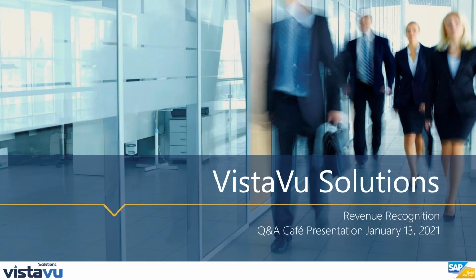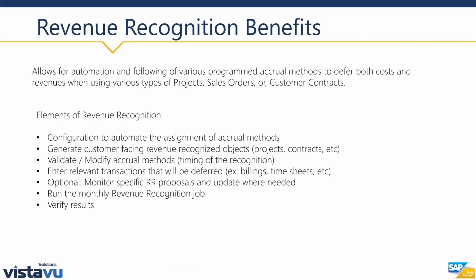Let's talk a little bit about the benefits of revenue recognition. What it really does is allow for automation and the following of various programmed accrual methods to defer both costs and revenue when using various types of projects, sales orders, or customer contracts in the system.